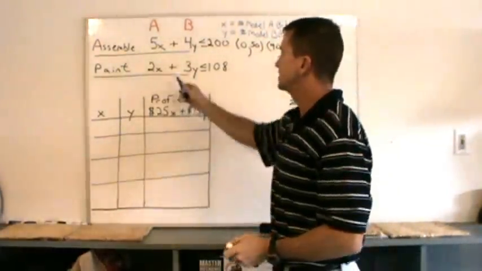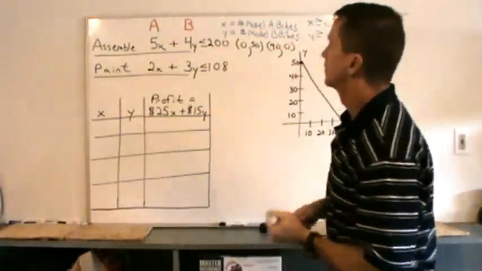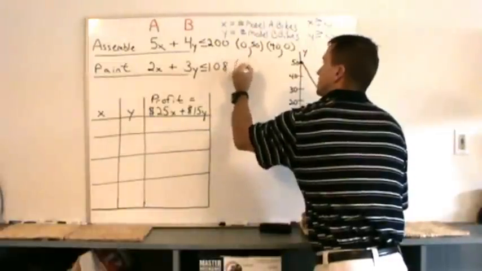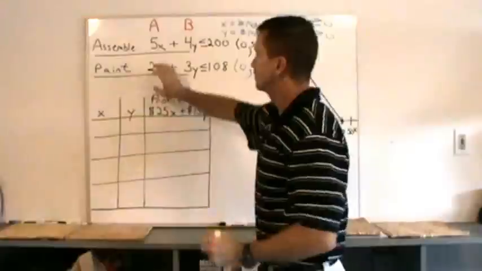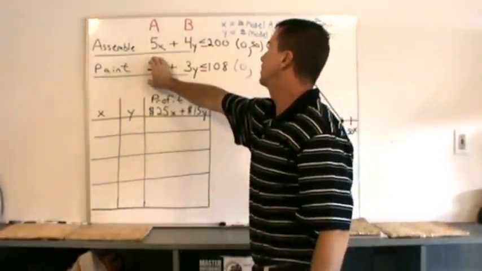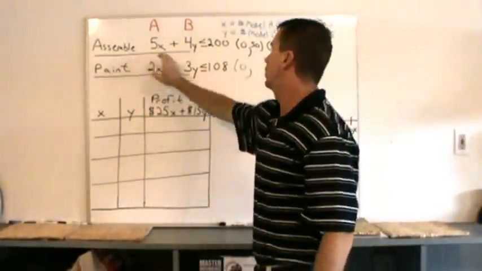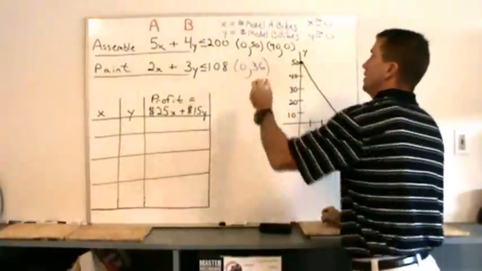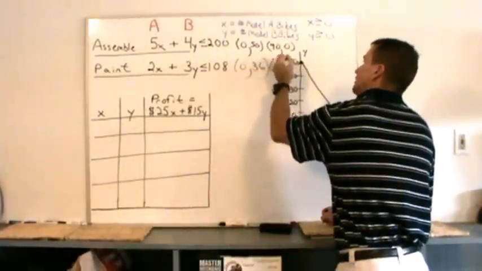I'll do the same thing with this line. I'll use a blue marker for this. If this was an equal sign, let's graph that line. If X is 0, 2 times 0 is 0, 3Y would equal 108, and 108 divided by 3 is 36. We need one more point. What if Y was 0?